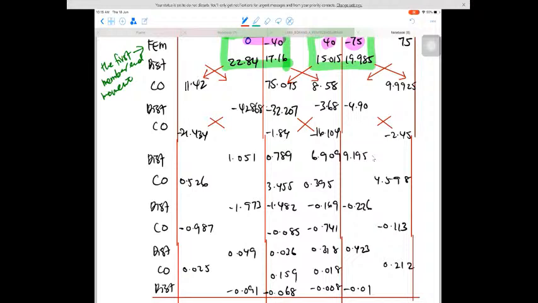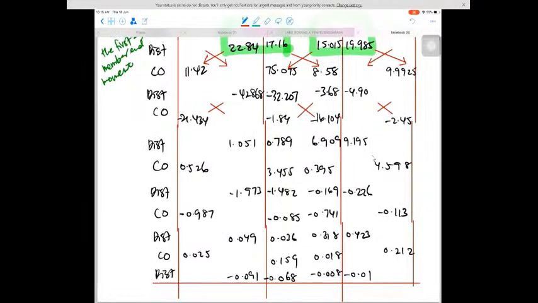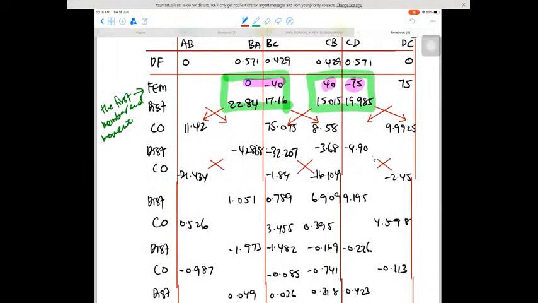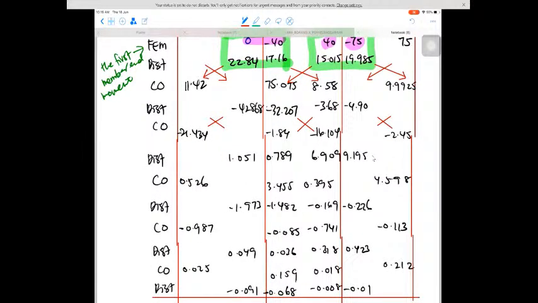After you have understood this, I will show you how we can reanalyze this using Excel, and it is so easy. So I want to total all the moment values in this table. All these values are moment values except the distribution factor, because distribution factor is not a moment.